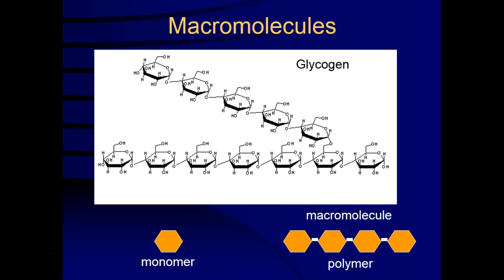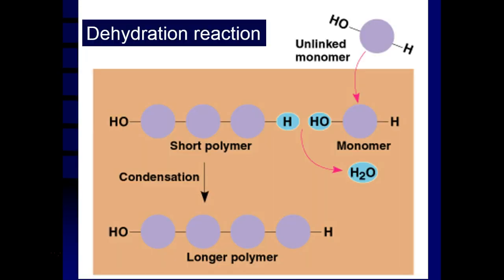They all have monomers. Those monomers join together to make polymers. And they all use exactly the same chemical process for forming polymers. I'm going to show you that next. That process requires the removal of water. So we call it the dehydration reaction.